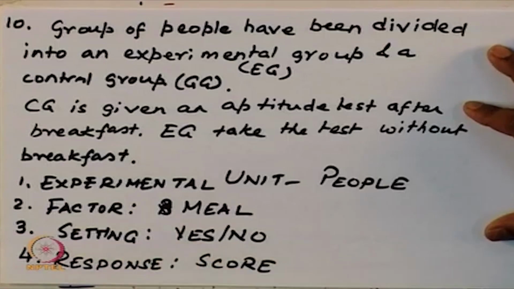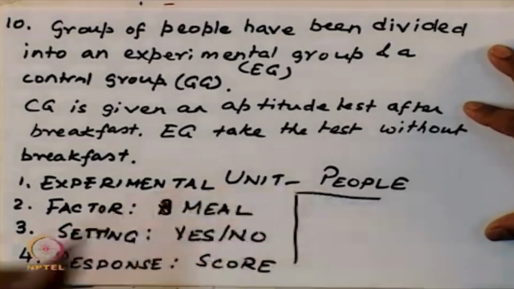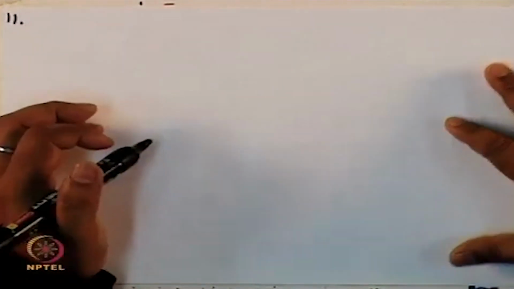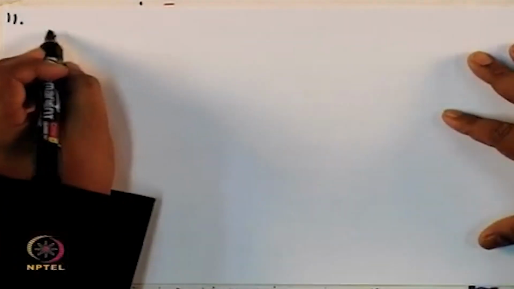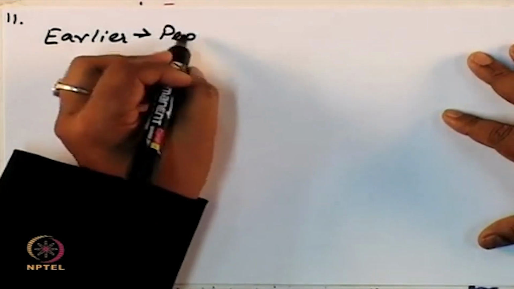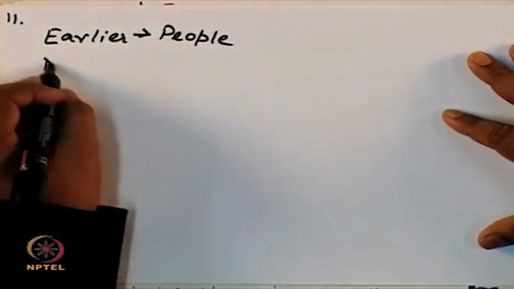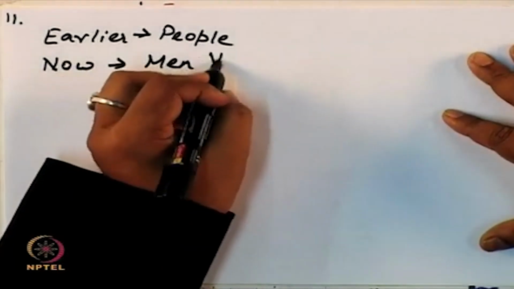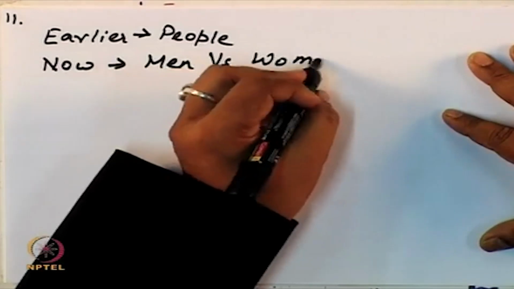Now, imagine in this same population, earlier I just had people. Now, I have men versus women.